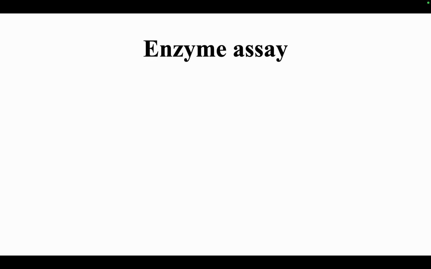So to begin, enzyme assay. As you know, in any assay we have an enzyme and substrate. The enzyme will react with the substrate molecules and give us the enzyme substrate complex, ES.